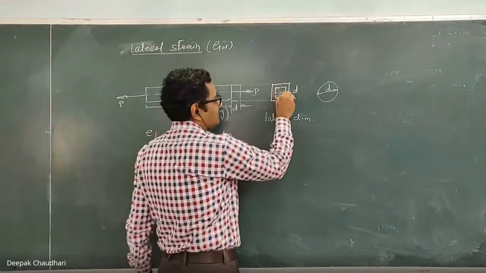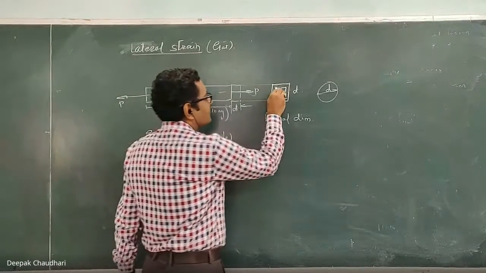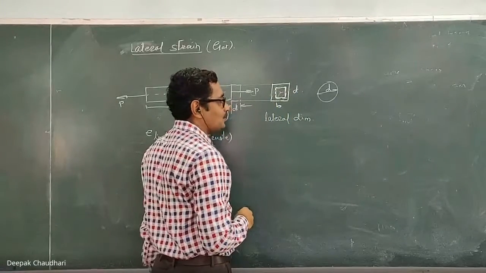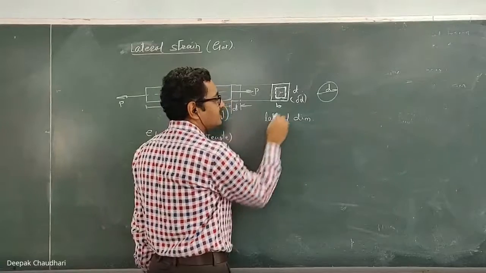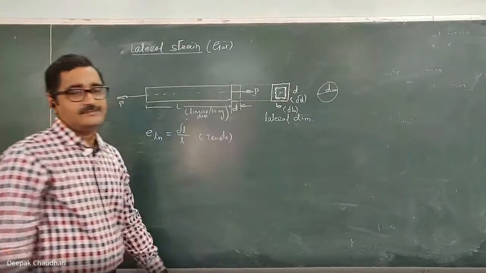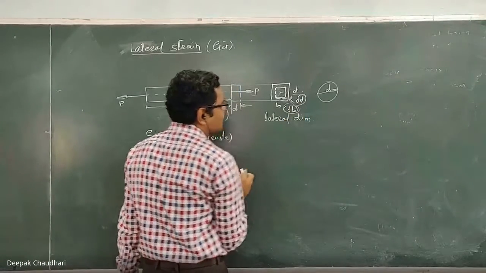So this is the rectangle which is shown by the dotted line. This is the final B and D of this material after applying the force P. So let delta D be the change in depth and delta B be the change in breadth because of this force P. These are the changes in lateral dimension.